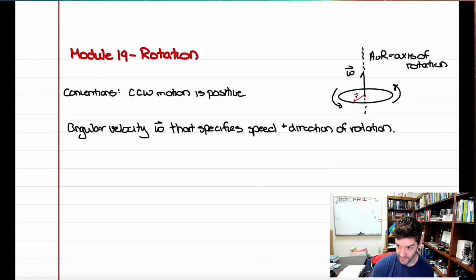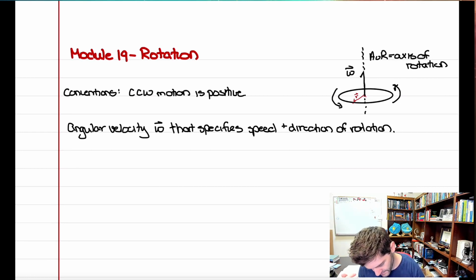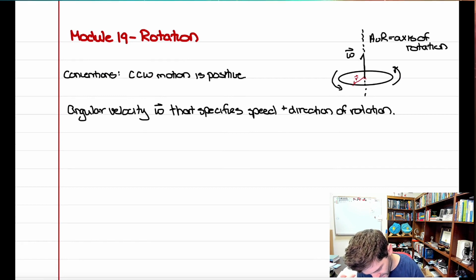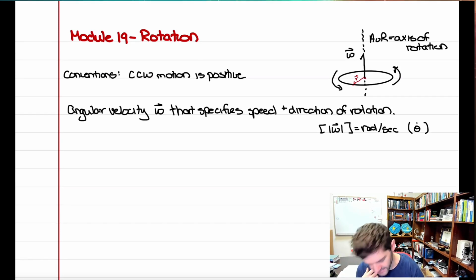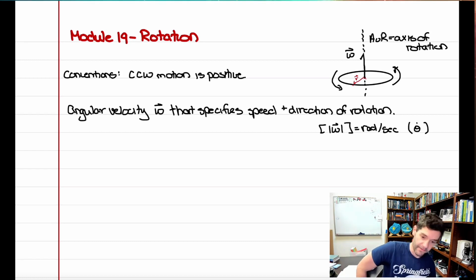And the magnitude of that vector then specifies the angular velocity, where the units of the magnitude of omega we expect to be something like radians per second. Or we might write that as theta dot as well. That's another way we've seen this appear, right? It's specifying the amount of radians that are being traversed every second by an object.